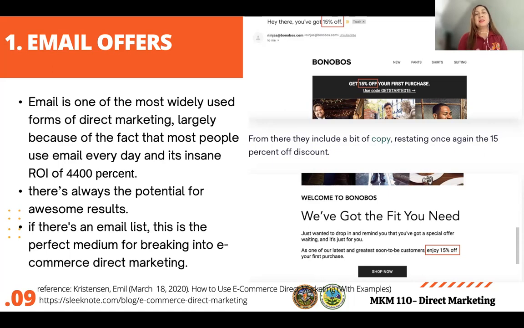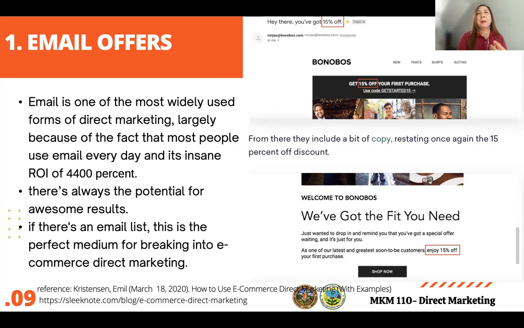That's why we previously studied the customers, how to create them, and how to build a direct mail list, because all the information taken from the customers, you will be able to use every now and then. One thing you can send is an email offer. On the right side is a great example of an email offer by Bonobos, a men's apparel brand.